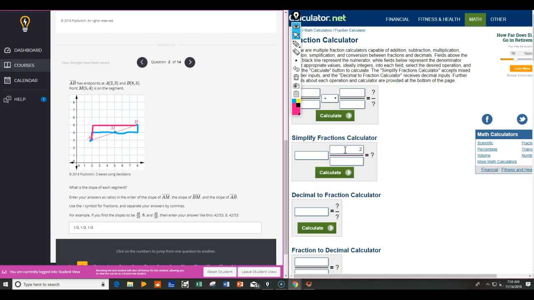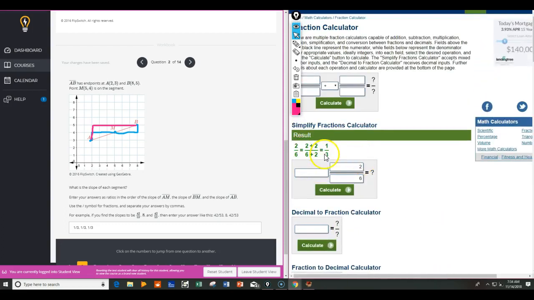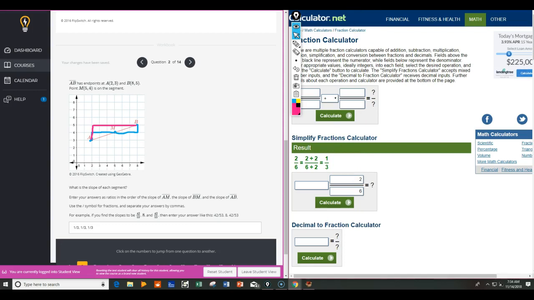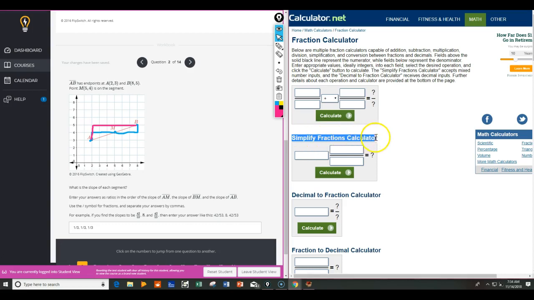I would type in 2 divided by 6, click calculate, and it shows you right here. So this is called calculator.net. I just Googled fraction calculator, and that's what this pulled up. So if that's one, you could also just type in simplify fractions calculator, and it would pull that up as well. That's a good resource to use.